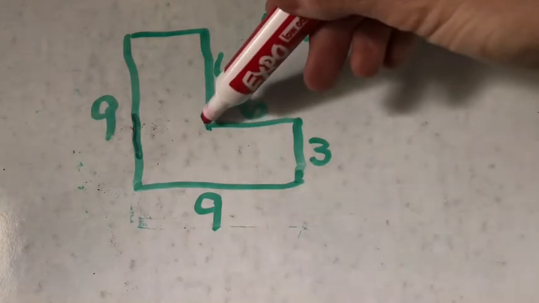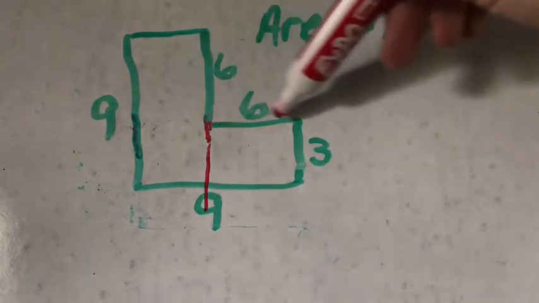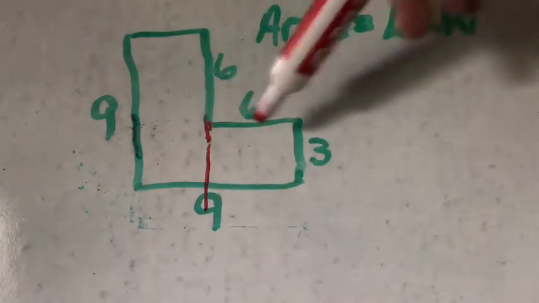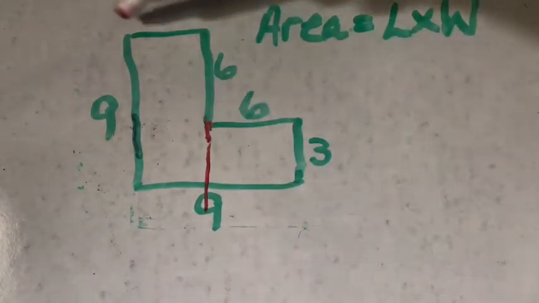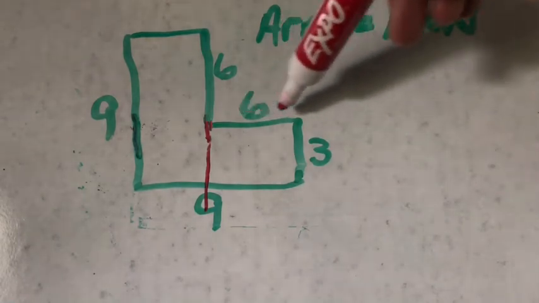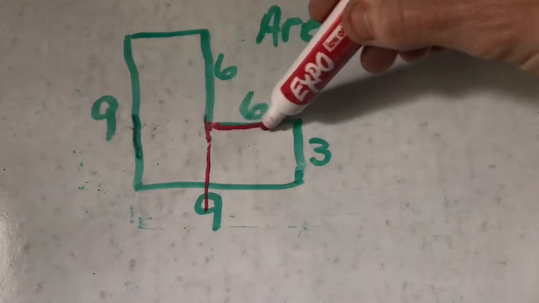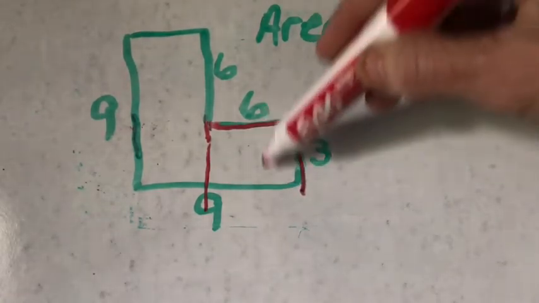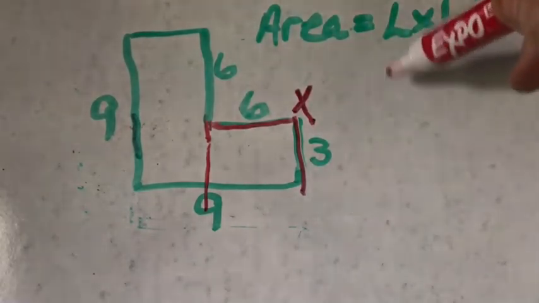If I go straight down here, this is where I'm looking at. I could either go across this way, or I could go straight down. I've divided this into this rectangle and this rectangle right here. If I look at this first one at the bottom, I have my length of 6 and my width of 3, which will give me the whole area in here, 6 times 3.